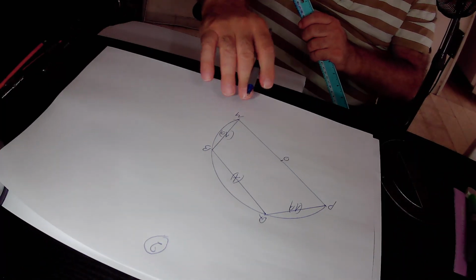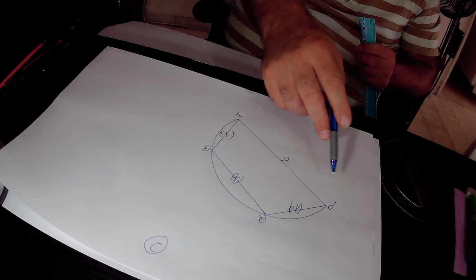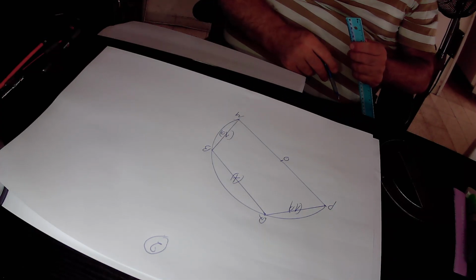Okay, this is the semicircle with the diameter PM that I copied from the original drawing.